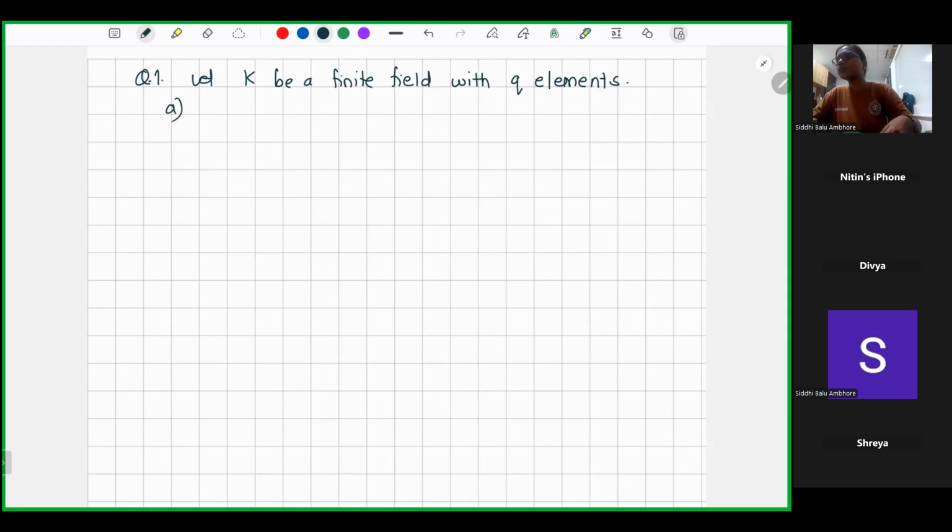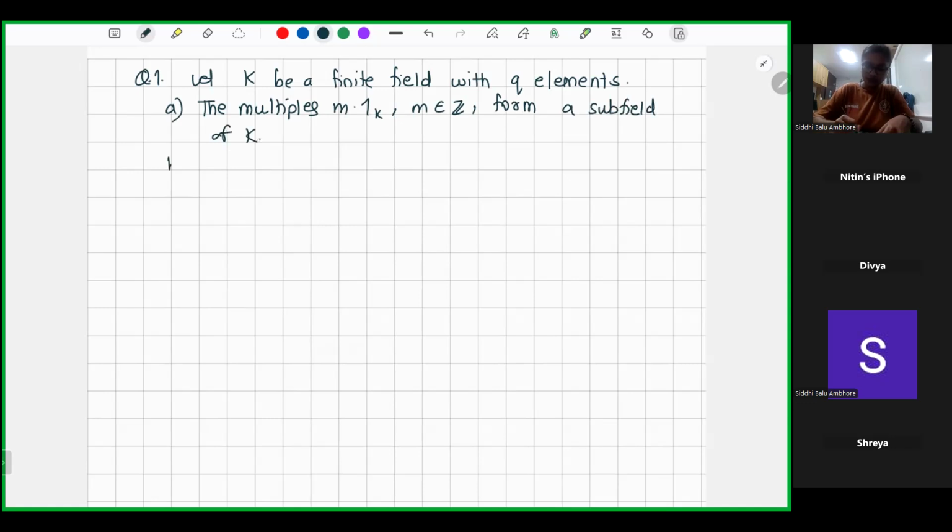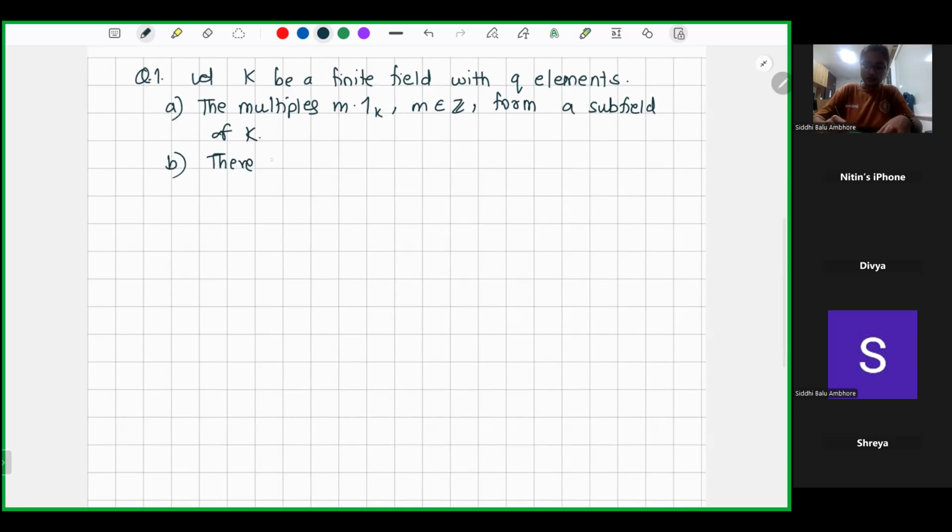Then the multiples m into 1_K, m in Z, form a subfield of K, and there exists a smallest positive natural number p such that p into 1_K is 0.